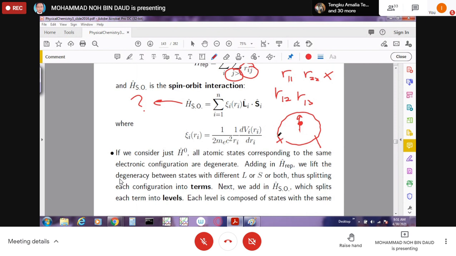So the interaction energy from these motions and the intrinsic spin: the magnetic moment m with the magnetic field due to the motion of the nucleus, we can write the energy like this, the dot product of these two vectors.